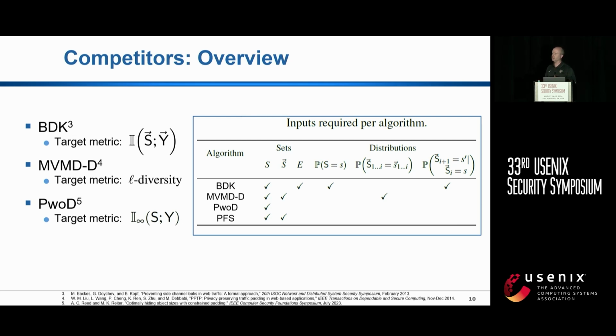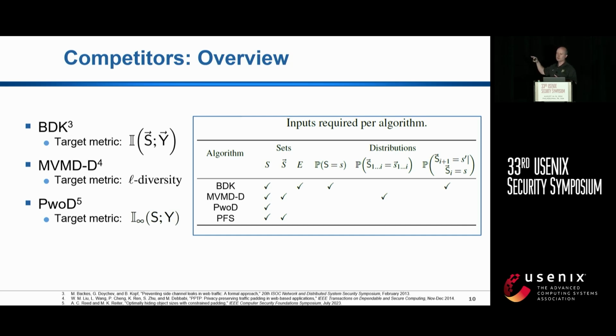PWAD, on the other hand, was designed to target independent object retrievals. A similarity with PWAD, though, is that it also takes C target as an input, and it also minimizes I infinity, but again, it does so for independent object retrievals.